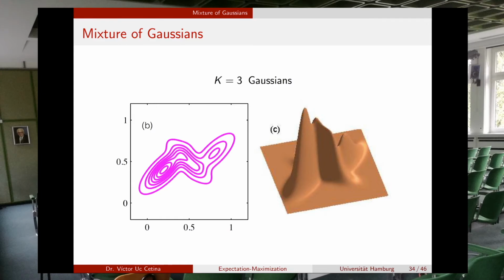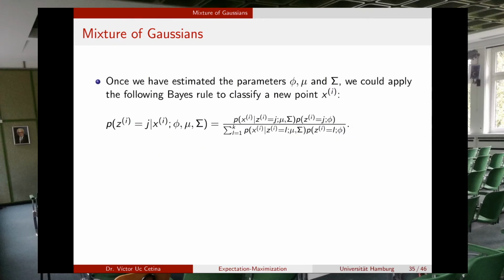So here the chances to belong to one cluster or to another will depend on the Bayesian probability of belonging to that group given by the Gaussian distributions. So it's a more elaborate, more complex model. Once we have estimated parameters phi, mu, and sigma, we can apply the Bayes rule to classify a new point, and this is exactly what we did in Gaussian discriminant analysis, just considering which of the clusters is more probable.